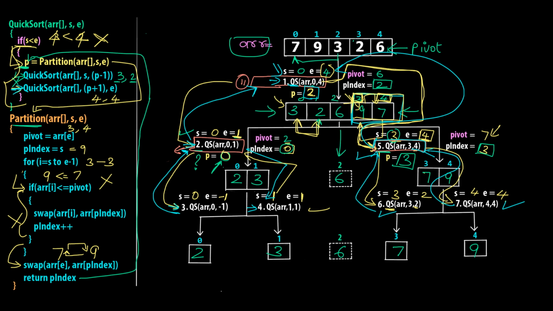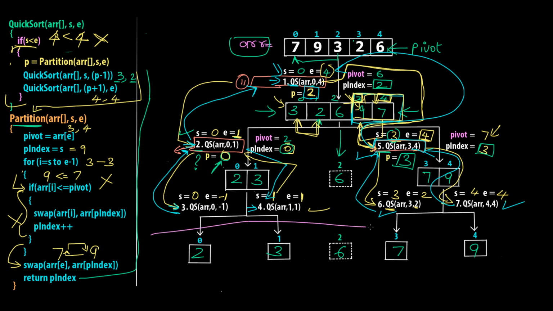When it comes back to the first QuickSort, it will also be done because the first QuickSort is done calling QuickSort for the left hand side and the right hand side. You can see it has called QuickSort for both sides and it has become very cluttered right now. I know it is looking very shabby, but ultimately if you see at the end, the result we've got is a sorted array.